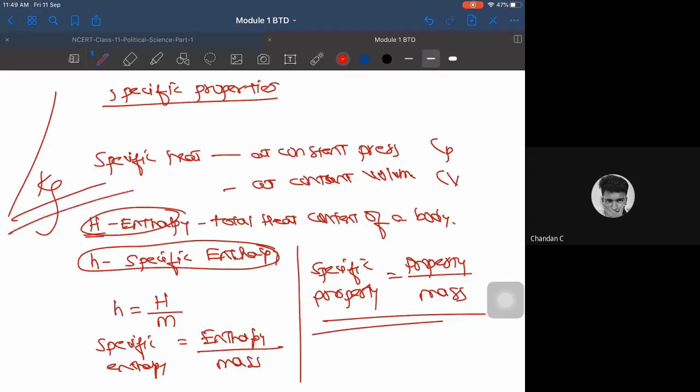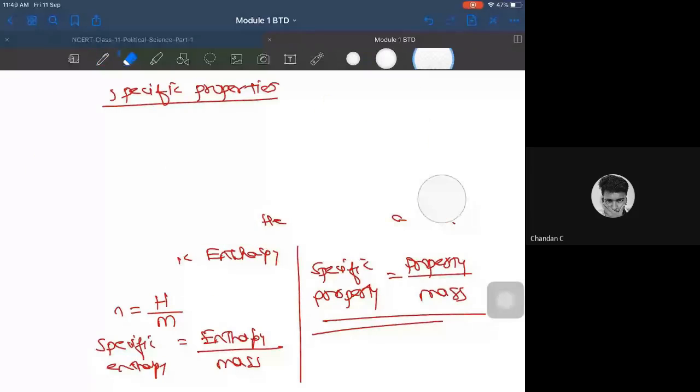So whichever the property, it might be anything, it might be entropy, it might be a pressure, it might be a volume, but if that particular parameter is expressed per kg, then it becomes a specific property.